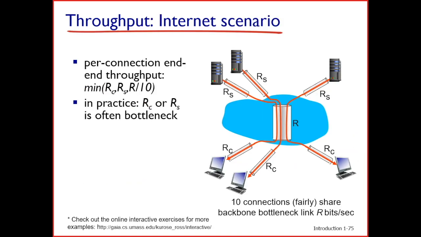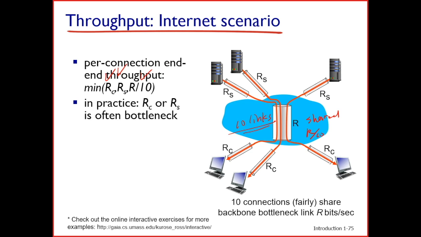Well, if we have these RS and RC, but assume we have 10 links here, so each one shares R over 10. Because of this, we have RC, RS, and R over 10.